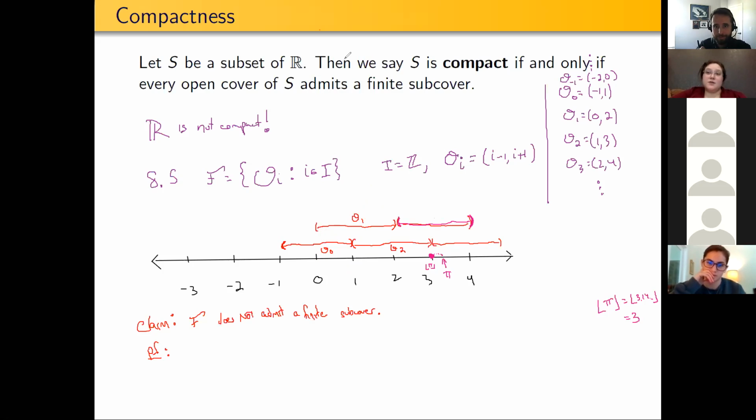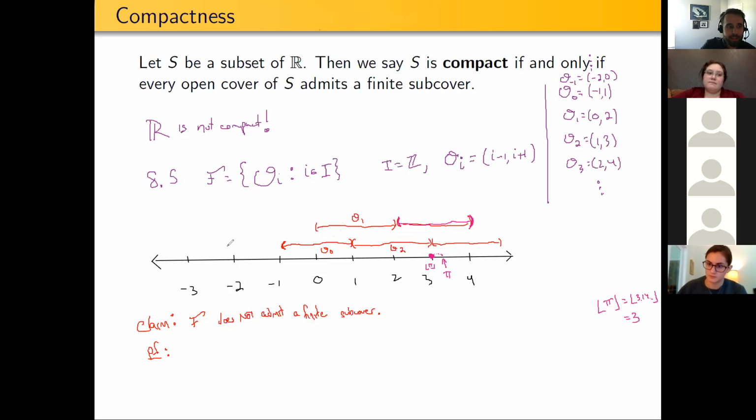Can we actually do that using integers? The only time an integer is in the set is if it's the indices. To cover the set of all integers, we must have an infinite number of sets because integers are infinite. Ooh, actually, I kind of like that.